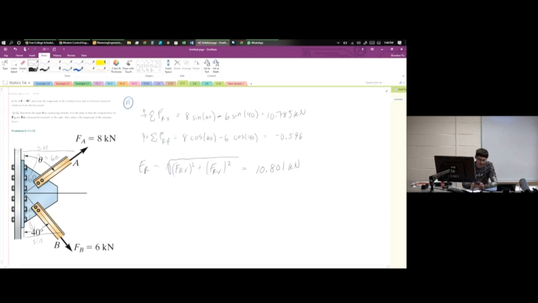No, it's positive. Wait. Oh, no, for the x, the x is positive. This one goes down in the y, so this one's negative, and this one goes up in the y. So both rightward forces are positive. I do have it right. I make mistakes too, so if somebody says it's wrong, it might be. So FR equals 10.801, right?